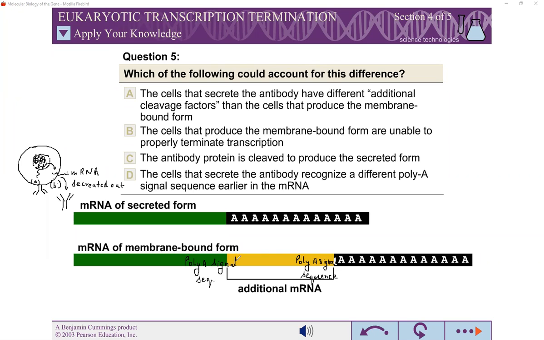Okay, so this poly A signal sequence in this case will be protected from cleavage by binding with specific proteins. Those proteins will protect this poly A signal sequence, so that a longer mRNA could be produced. And this additional mRNA will lead to the formation of another part of the protein.